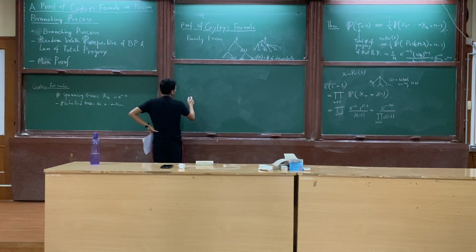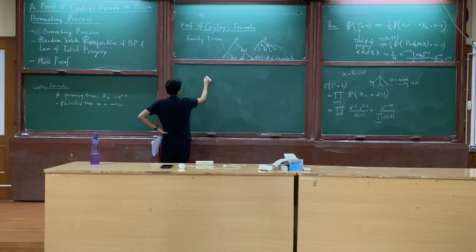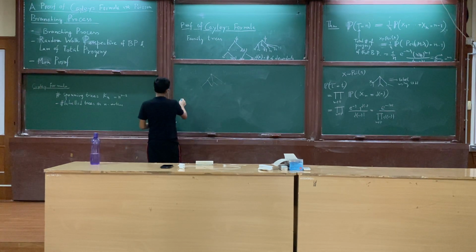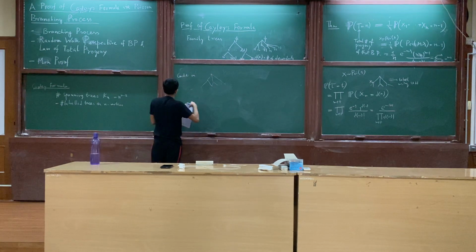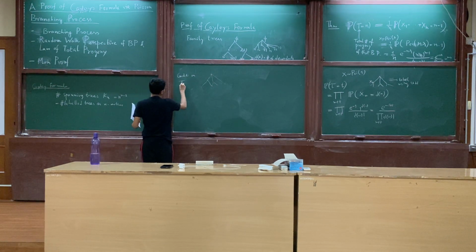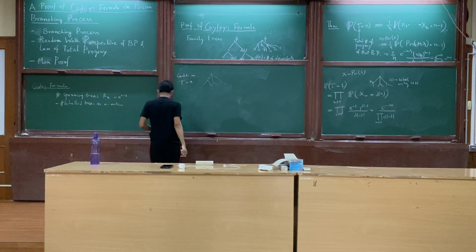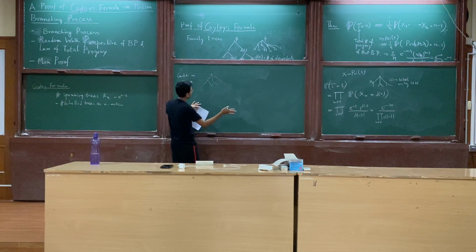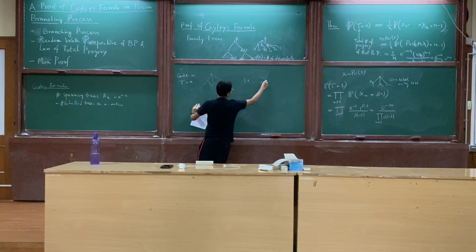Now let's say we have a branching process with a tree like this, and we condition on the total number of progeny generated in the whole branching process. Let's say we condition on n, so that we get n vertices, and we take the labeling from the set 1 to n.